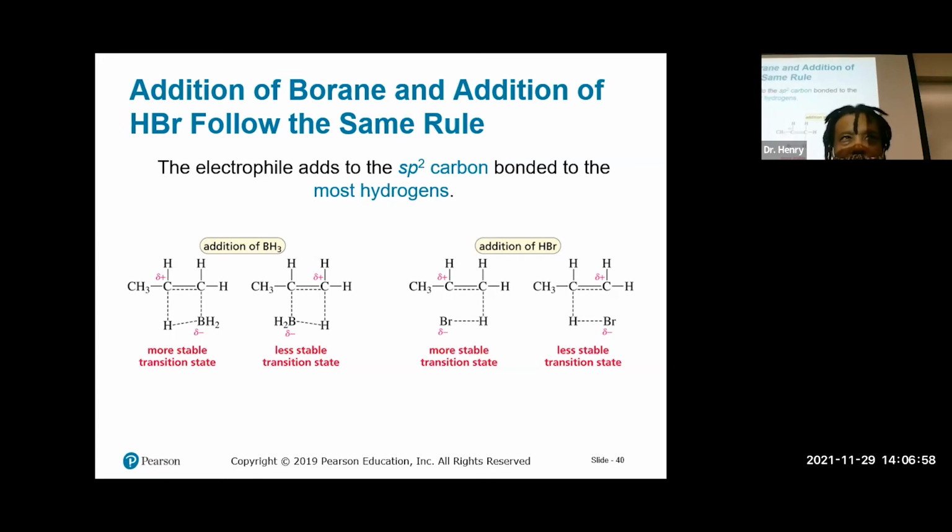Does that make sense? The bond in HBr does break, and you end up forming the bromide ion.